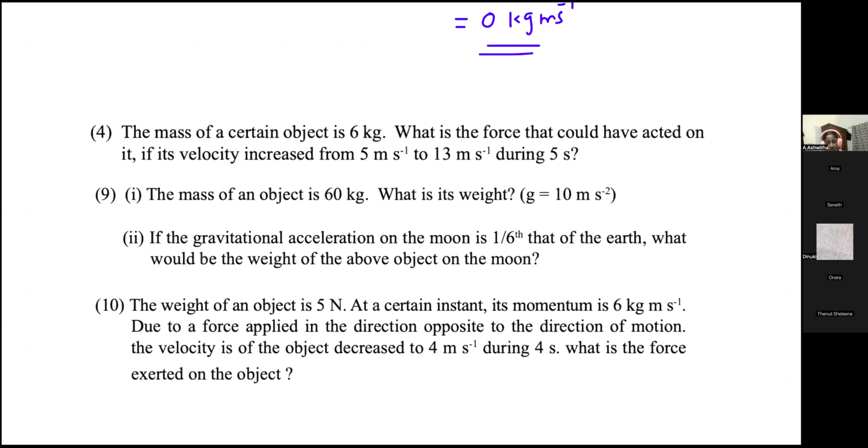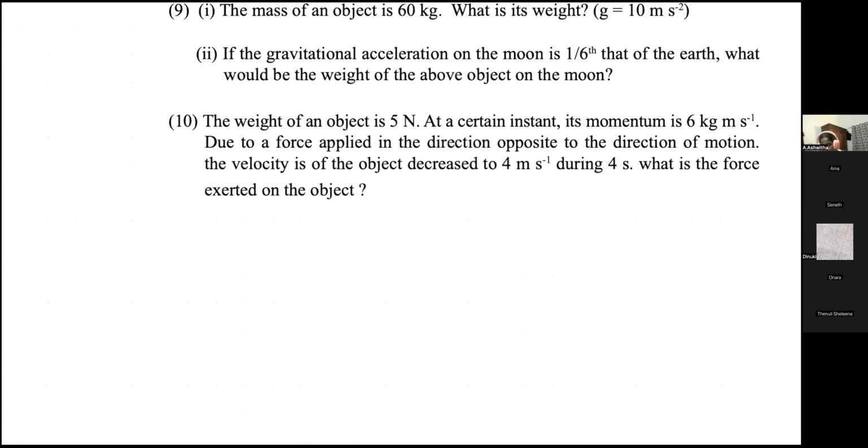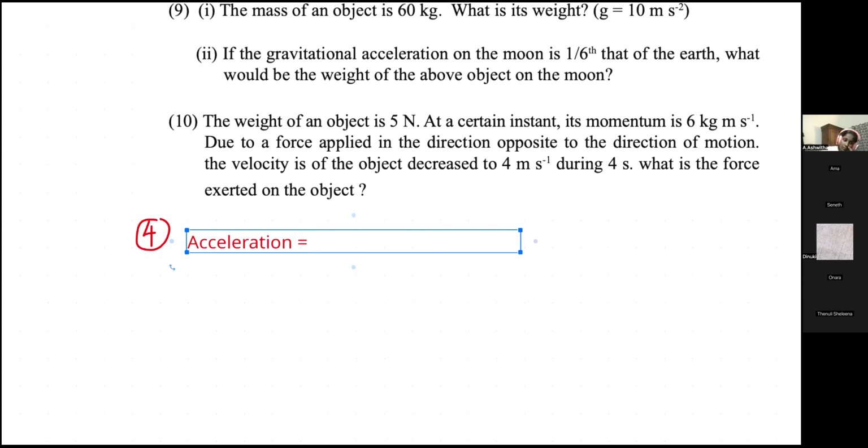So if velocity has increased, we know it's definitely acceleration. එහෙනම් අපි acceleration හොයමු. We know acceleration is final velocity minus initial velocity divided by time. මම ඔයගොල්ලන්ට කියා දුන්නානේ මේක.